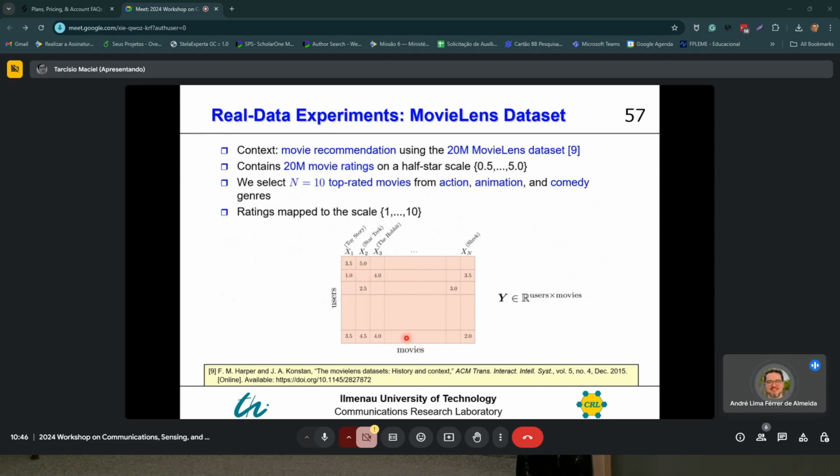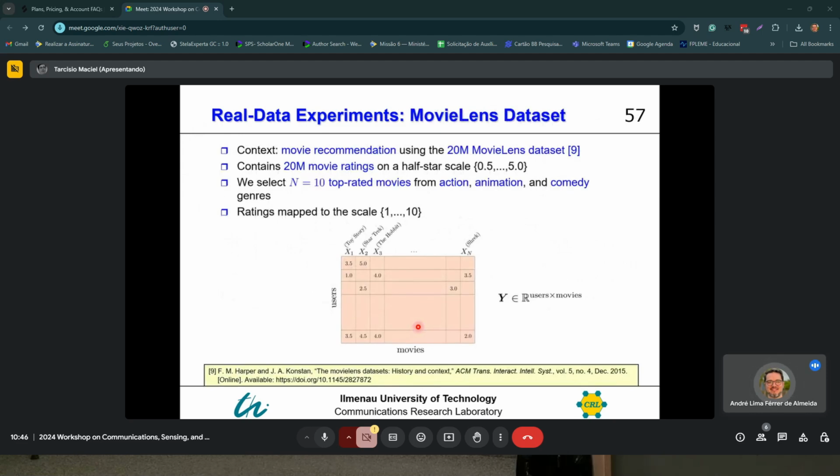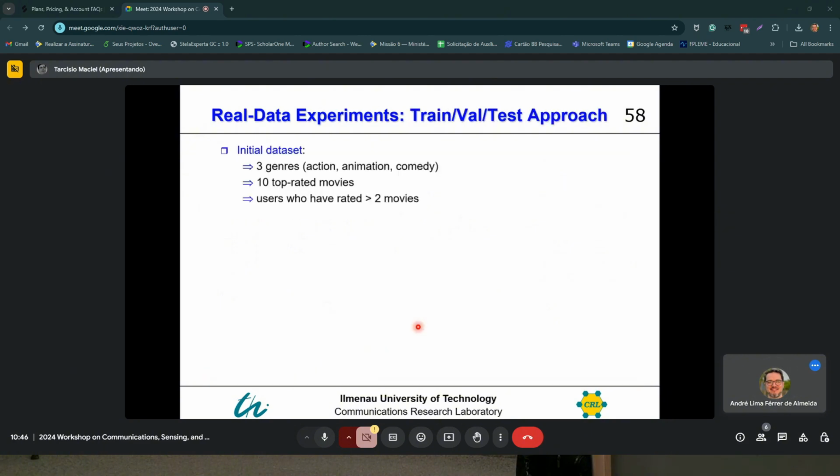Generally there are very many missing ratings, so it's quite a challenging problem. I should also say that in this dataset the amount of missing data was 40%, so P was equal to 0.4.